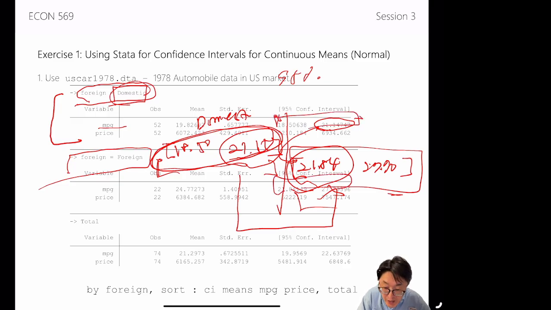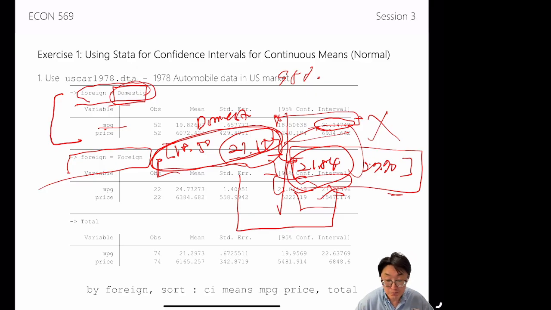These two ranges do not overlap each other. But for price, you can overlap, so there's no big difference. However, in terms of MPG, the maximum of the confidence interval of domestic cars is lower than the minimum of the confidence interval of foreign-made cars. So that's your conclusion.